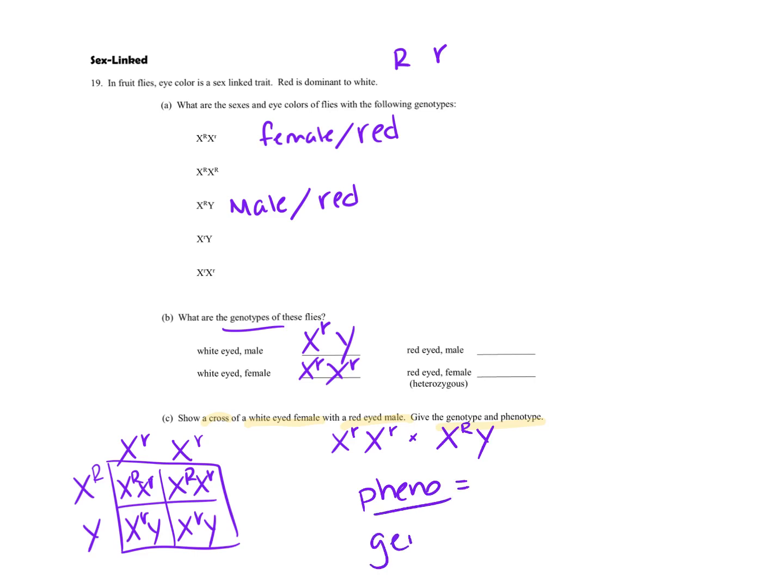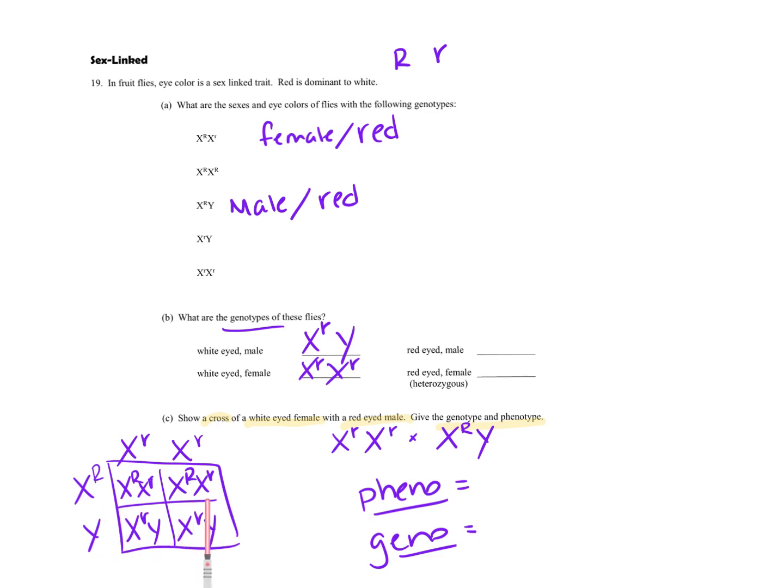So I'm going to label that. The pheno is what it looks like. And here's where it gets a little tricky. What it looks like also depends on the sex. So, yes, I have 2 red-eyed females. And then I have 2 white-eyed males.